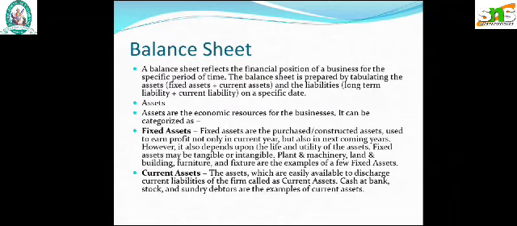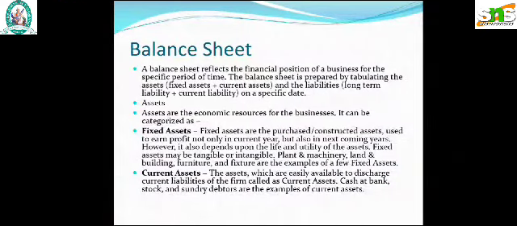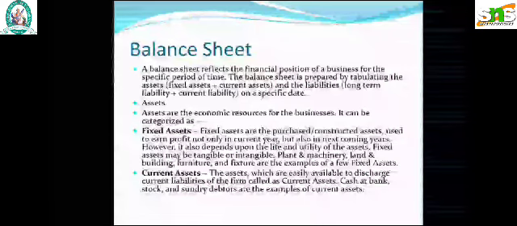Fixed assets are the purchased or constructed assets used to earn profit not only in the current year but also in the coming years. However, it also depends upon the life and utility of the asset. Plant and machinery, land and buildings, furniture and fixtures. These are all fixed assets.